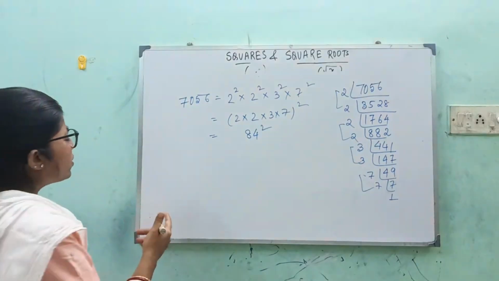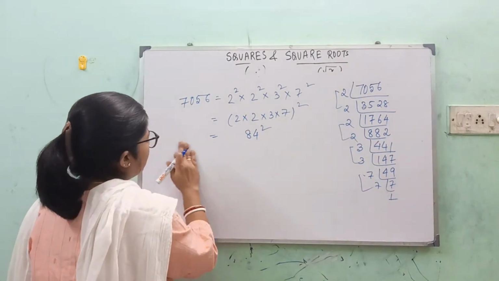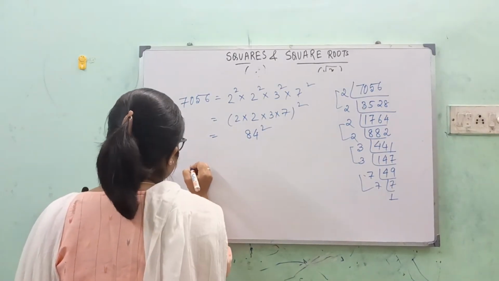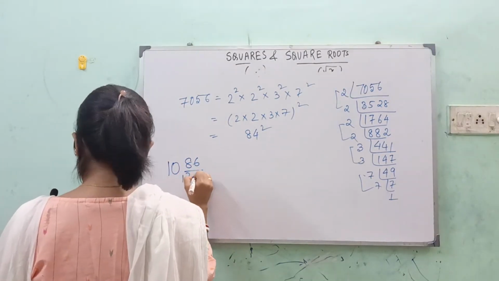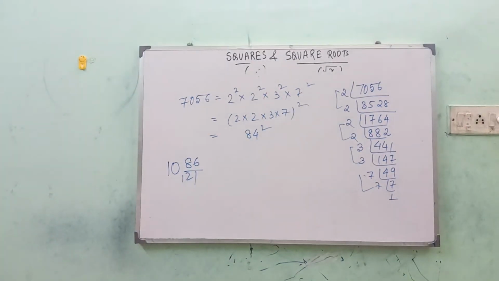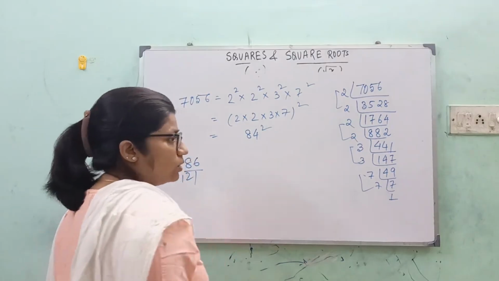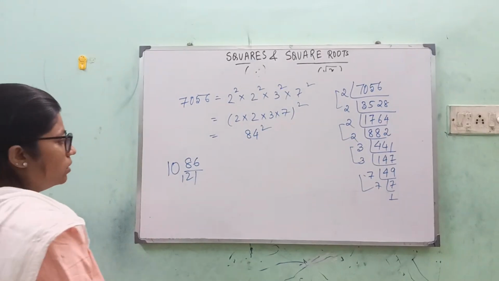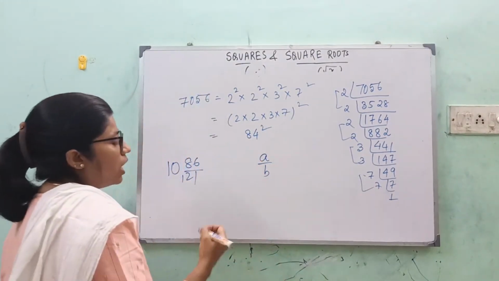Now, for example, if you have a sum like this, find the number whose square is a given fraction. Let's take an example: 1086 by 121. You can see that this is a mixed number. So remember, if you have to find out whether a given fraction is the square of another fraction or not, how do we do it?